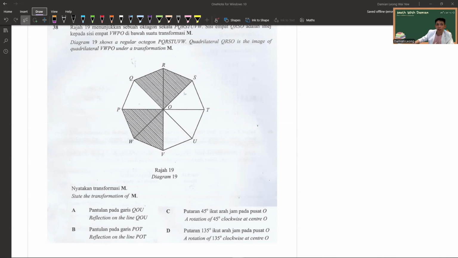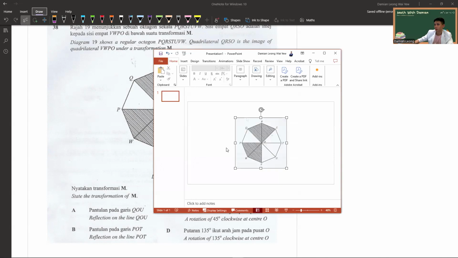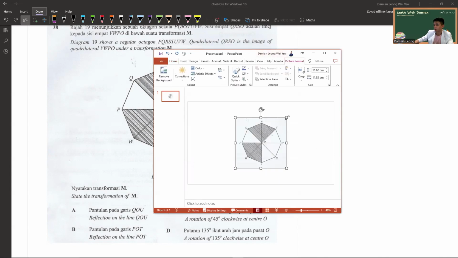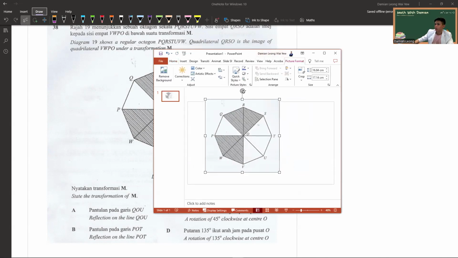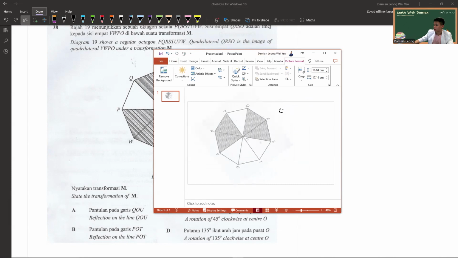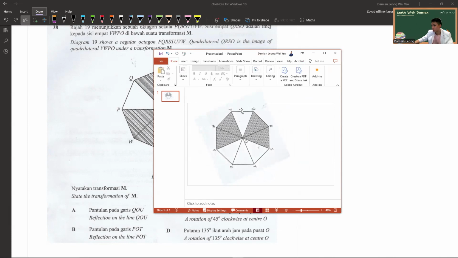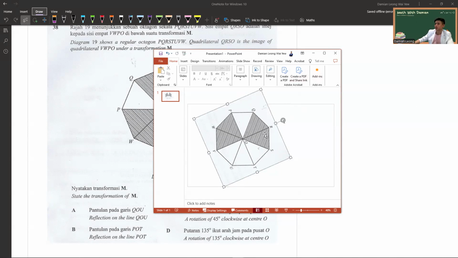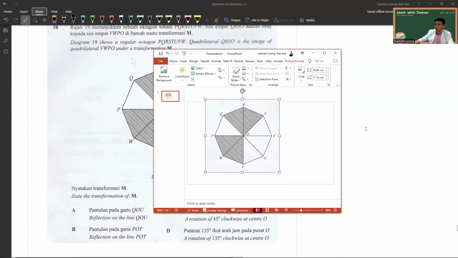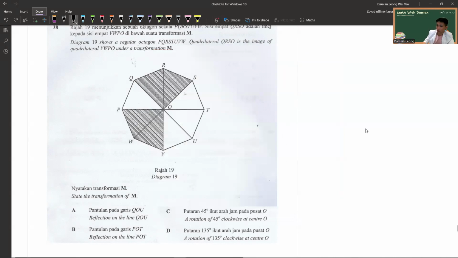You can always rotate the shape. Let me show you. If it's a reflection, I can rotate like this so that it is one on the left, one on the right. Then the line of reflection would be a straight line in between. But there's no letter describing that. So definitely it's not going to be a reflection. So I know reflection is out.